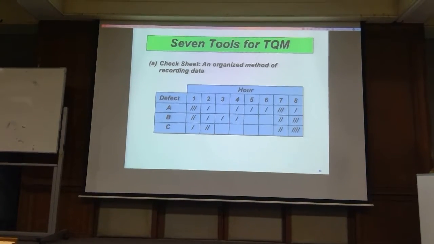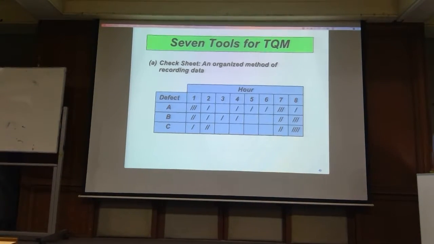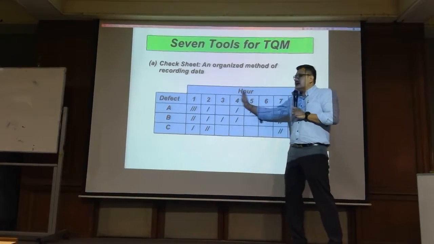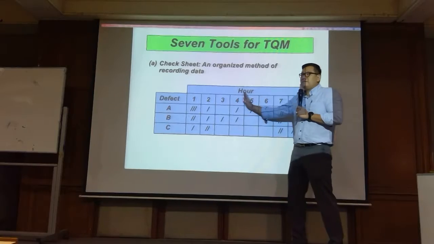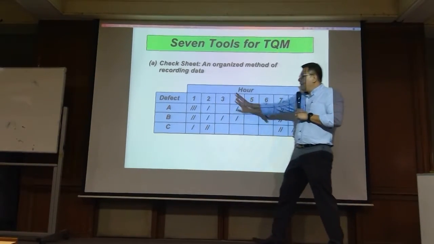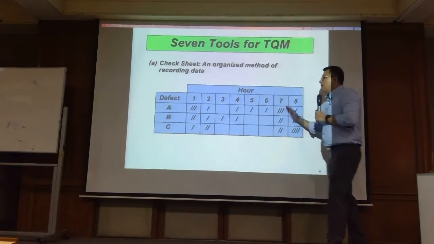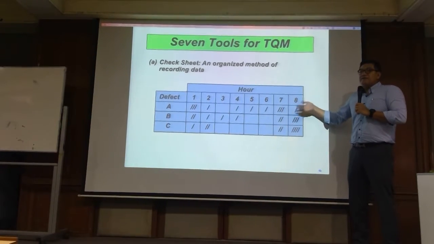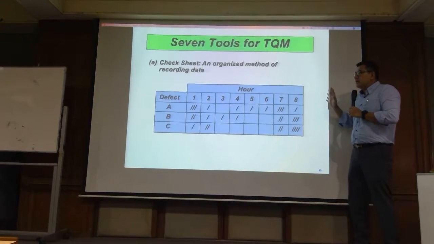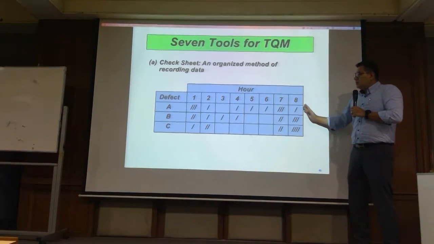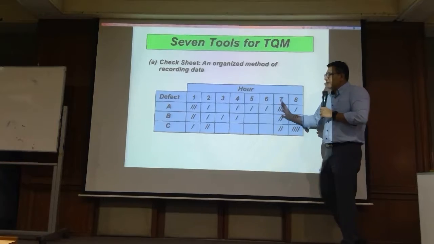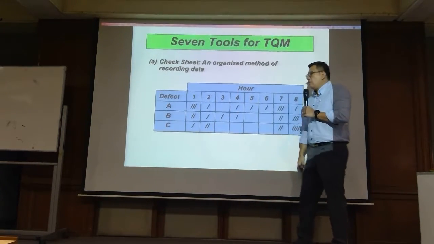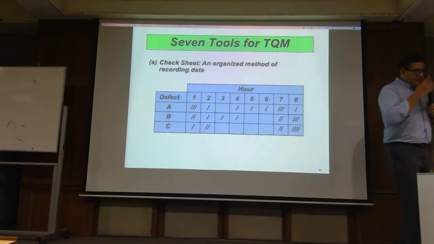Because in the middle of the working time there are quite few checks of the defect styles, but at the beginning and at the end of the working hours, we have a lot of defects. So this is the kind of information that a check sheet provides for us, because it can tell us about the abnormal pattern, something that we need to investigate more, something that is not normal to happen, right?